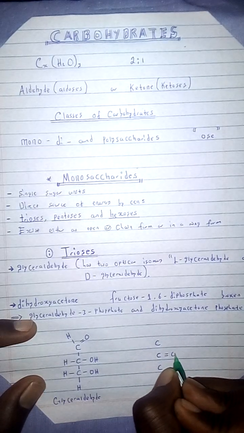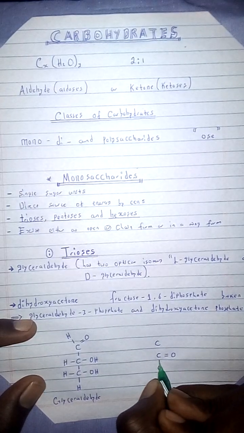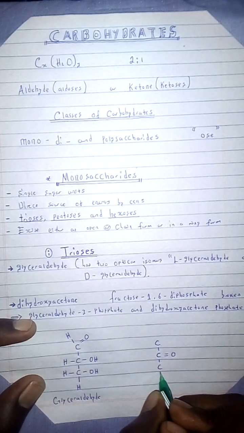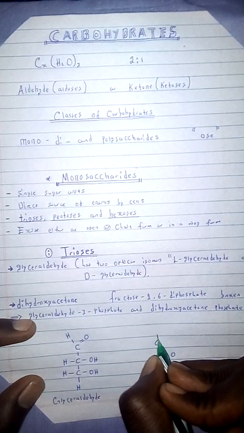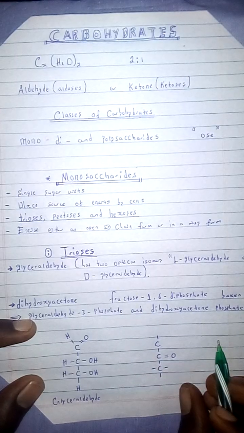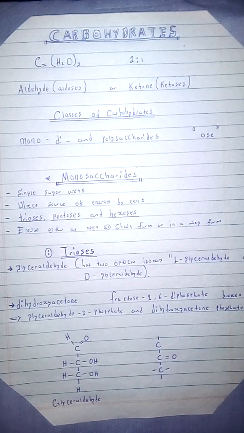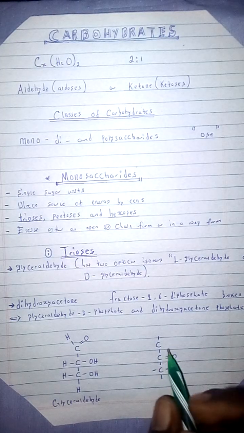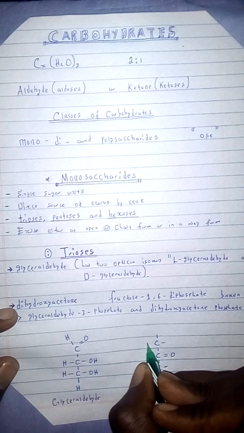Remember, every carbon is supposed to be bonded to four other atoms. In other words, one carbon should have a maximum of 4 bonds. For this one, 1 2 3 4. What about for this one? 1 2 3 4. Amazing.